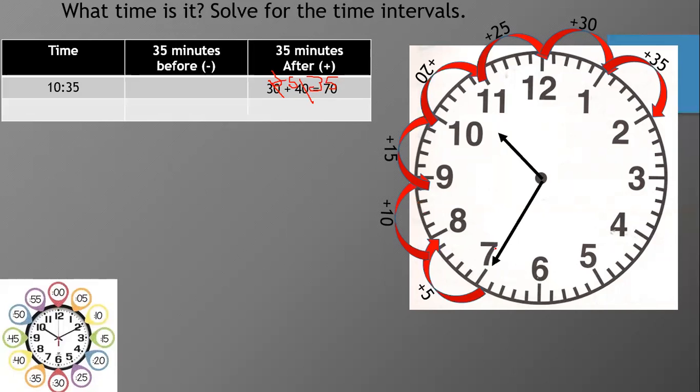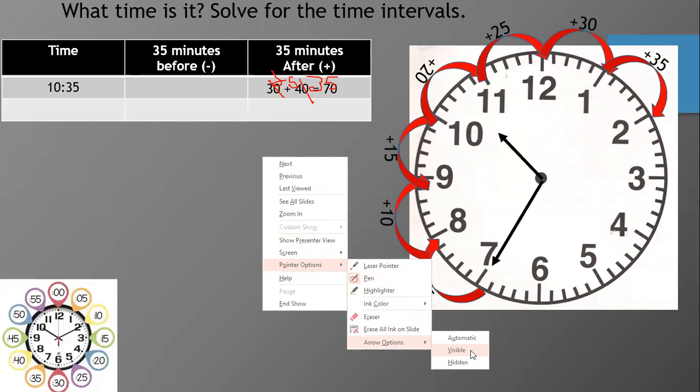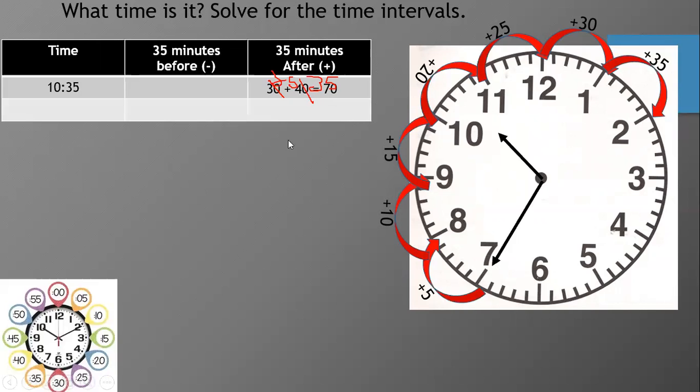Because we started at 10:35, added 35 minutes, but we still get 70. And as we know, this will not really help us in solving our problem, okay? So now we'll go ahead and cross that out and use a regular time, all right?